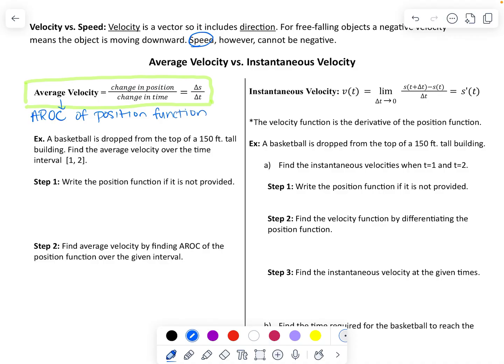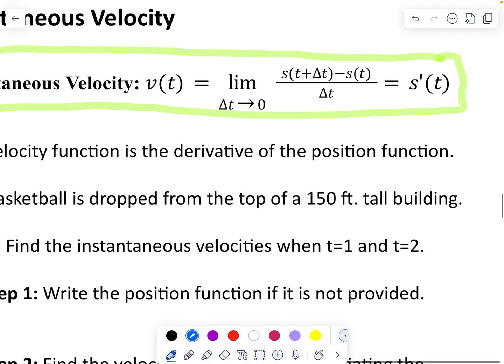Okay, versus instantaneous velocity. Instead of figuring this out over a time interval, we want to know, like, at this instant, how fast am I going? Then we use derivatives for that. So you would be taking, right, this is that limit definition of the derivative.